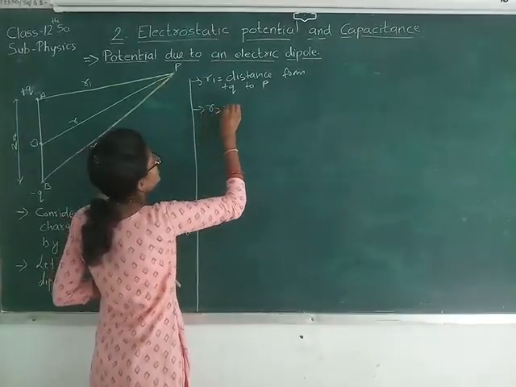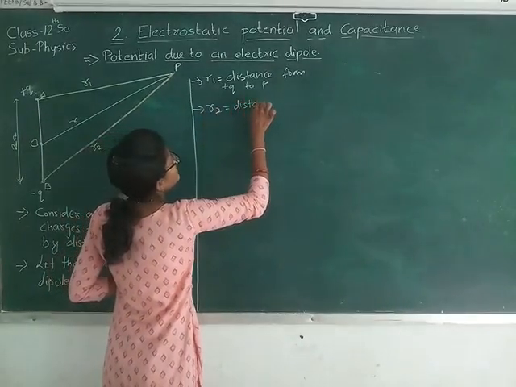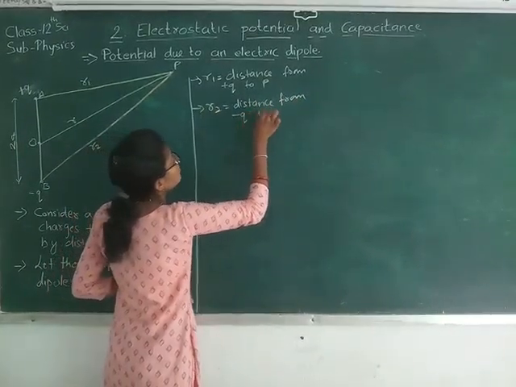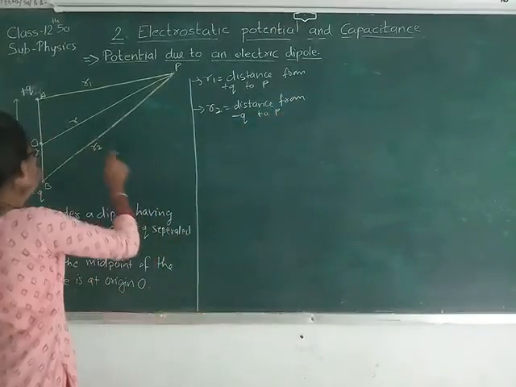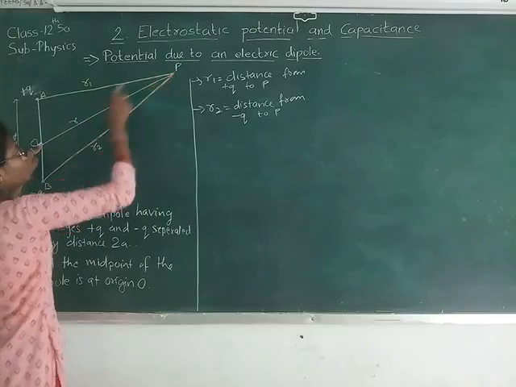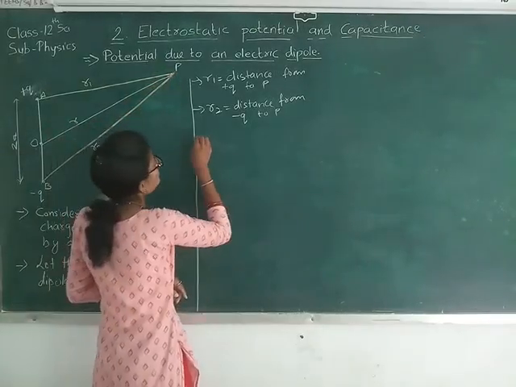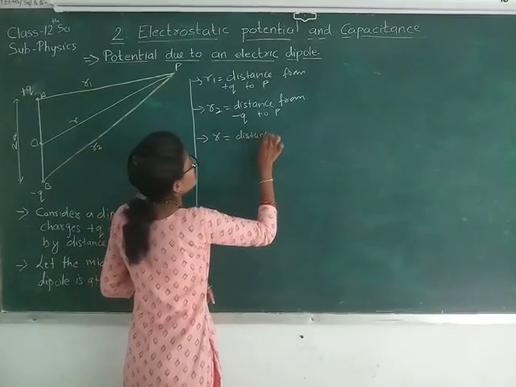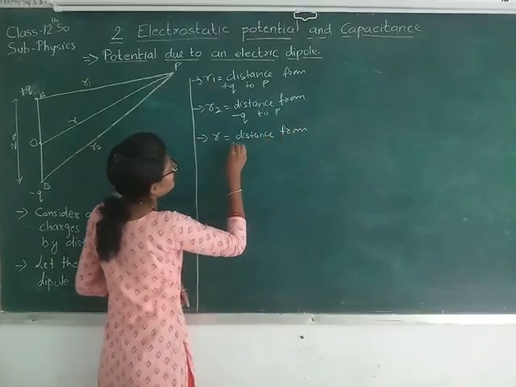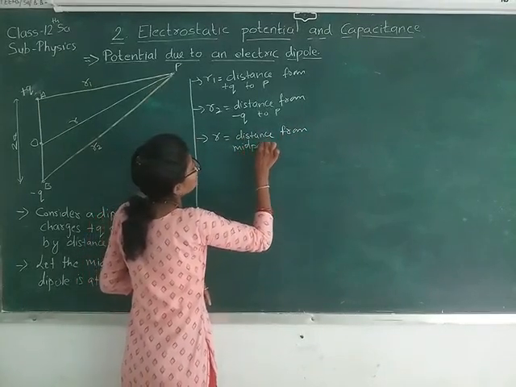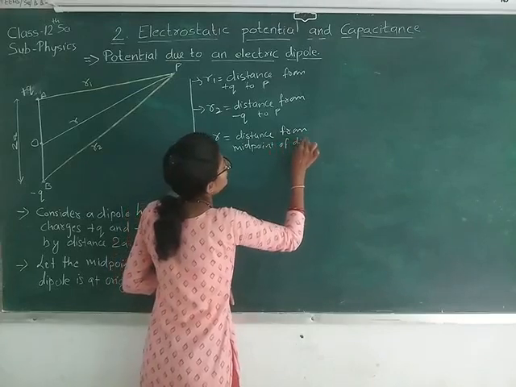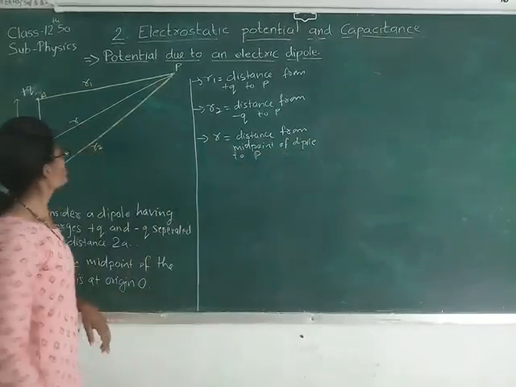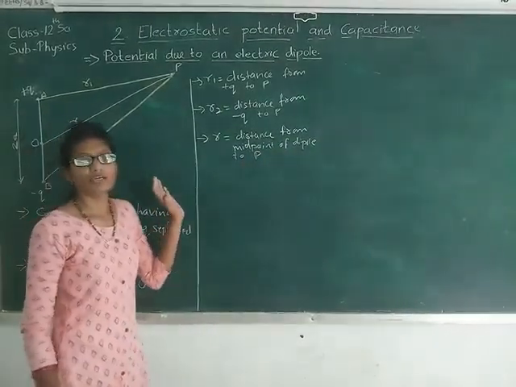So R2 is the distance from minus Q to P. From the midpoint of the dipole to point P, you have distance r. So r equals the distance from the midpoint of the dipole to point P. So this we have discussed about the figure.